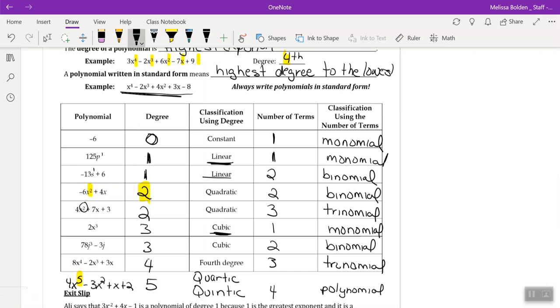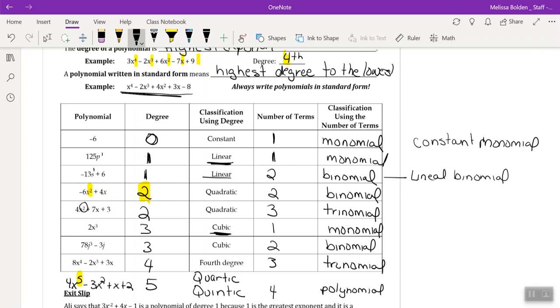And so what you're going to see is that when you're asked to classify these, you can say that this is a constant monomial, putting the 2 terms together. For this one, we would say that this is a linear binomial. So notice we're using both parts of the term.